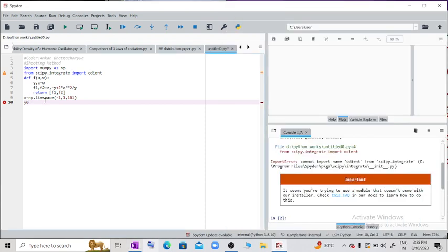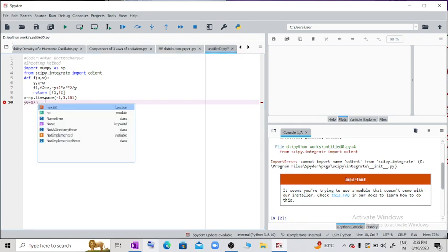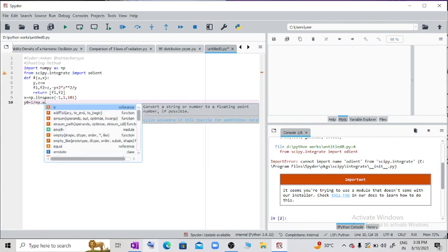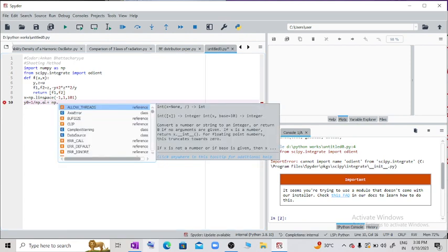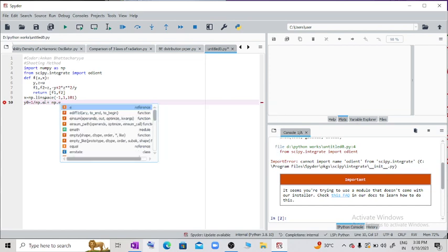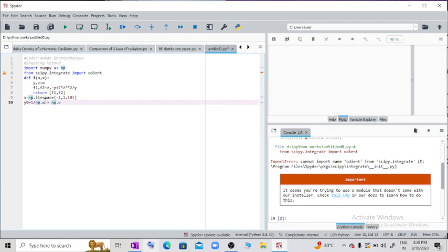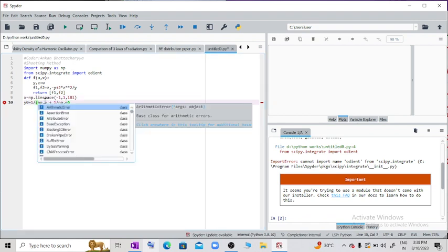So 1 divided by np.e plus np.e inverse, put in brackets like this.